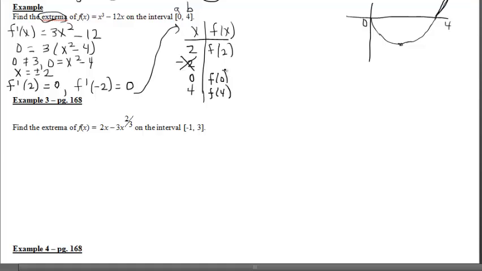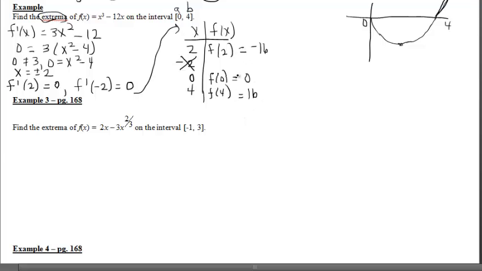All right, real quickly, going back to the original function and plugging in each of these x values, one of which is a critical number, the other two are endpoints. F of 2 is actually negative 16. This one's going to be 0, and this actually is going to be positive 16.